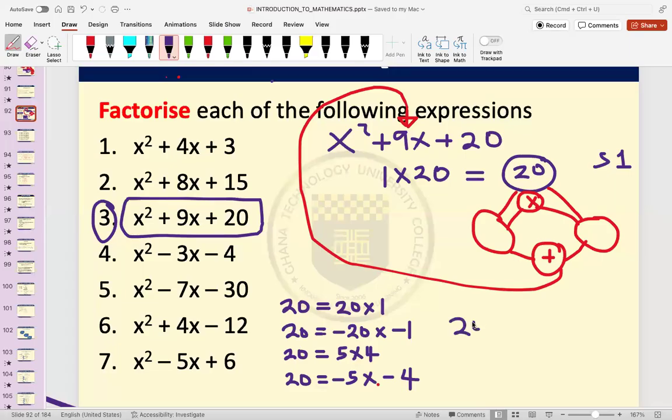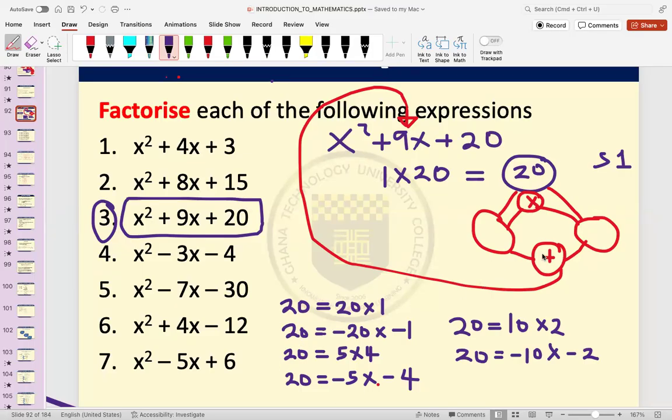This same 20, you can have 10 multiplied by 2, and you are good to go. And then another option is negative 10 multiplied by negative 2, which will also give you 20. So it means we have 6 options to choose from. All of them will give us the result of 20.